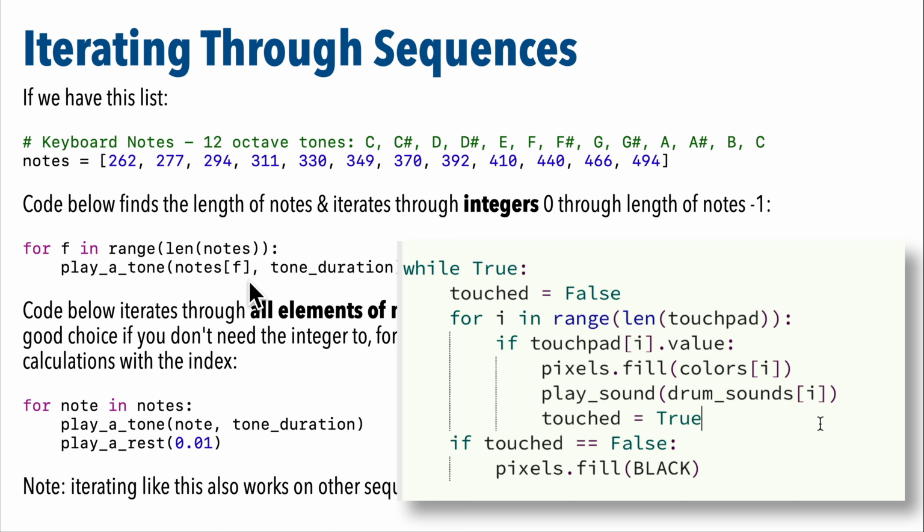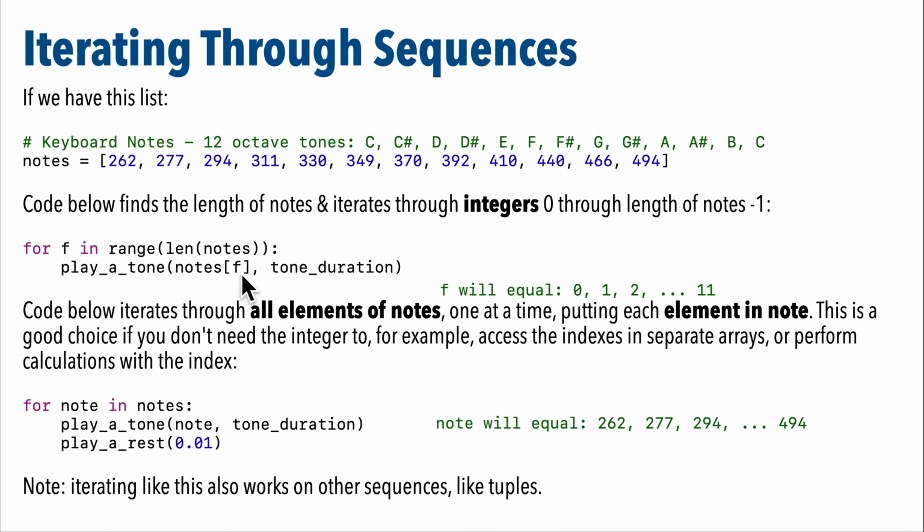So in cases like that, you definitely want the index value, and you would use that approach. If you don't need the index value, then this one is usually preferred. But either one works exactly the same. But Python programmer, now you know both of these techniques, iterating using an index and iterating through a sequence. And by the way, this iteration technique also works on other sequences too, like tuples.